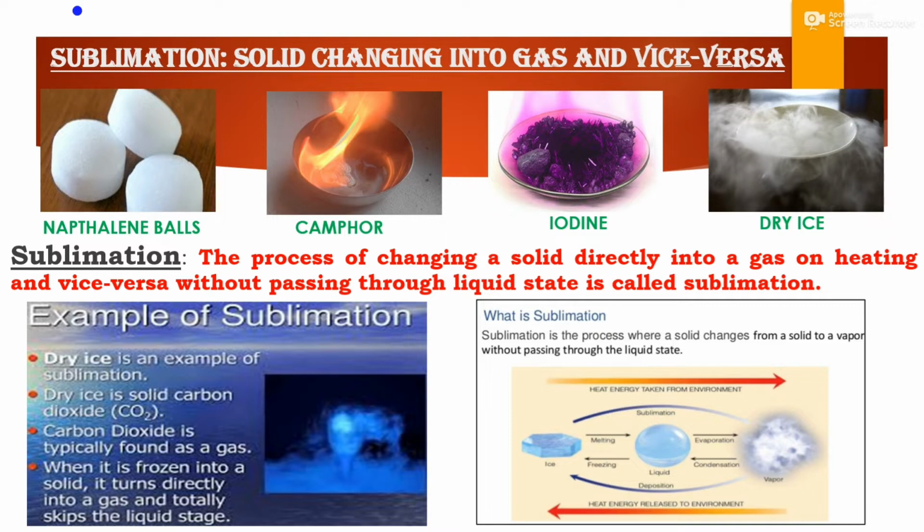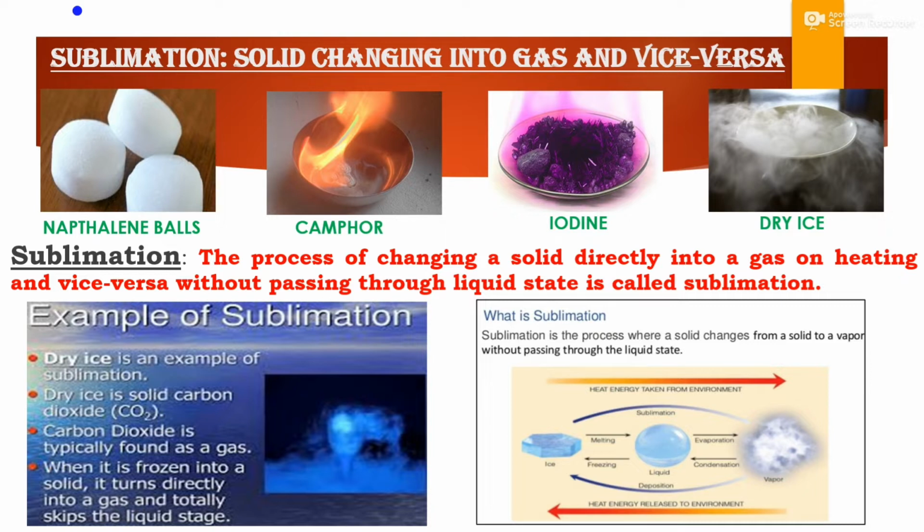But in the case of sublimation, solid changes directly into gas and gas also changes into solid. So sublimation is the process of changing a solid directly into a gas on heating, or vice versa. Vice versa means gas directly changes into solid, without passing through the liquid state.